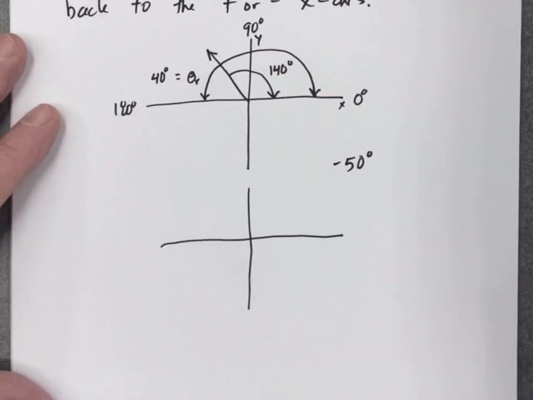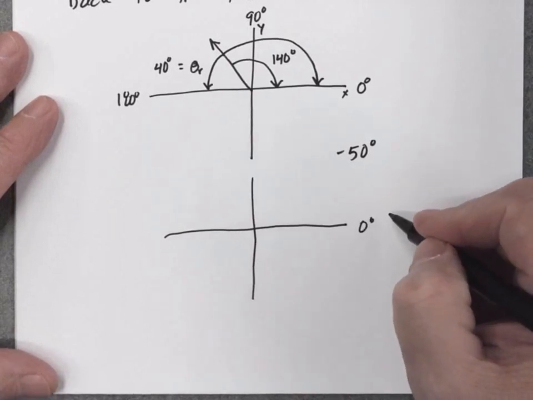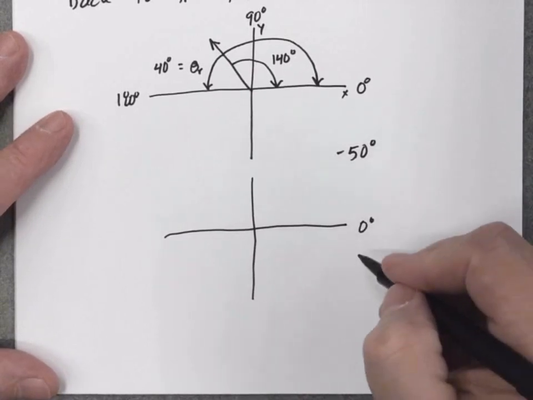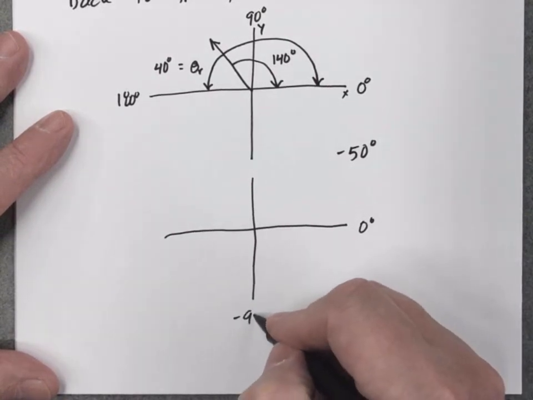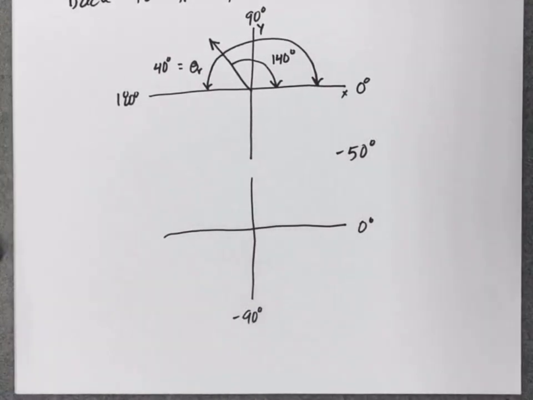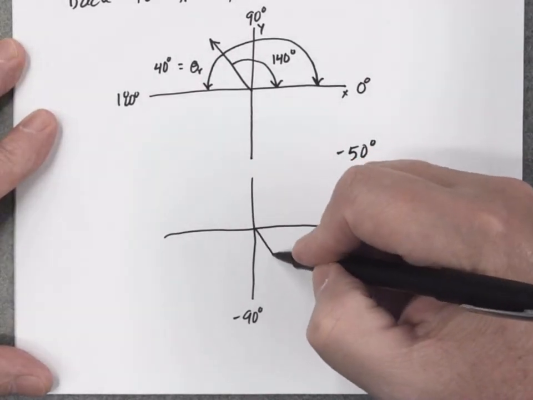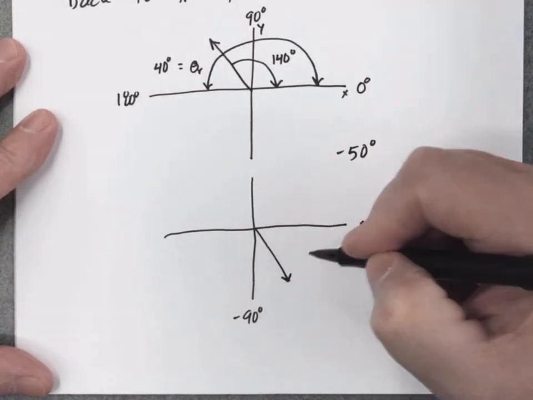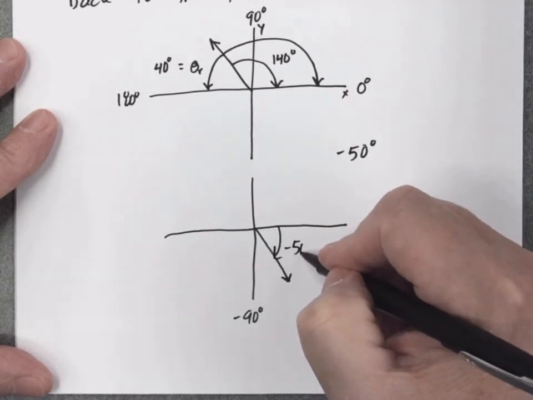A minus 50-degree angle. So remember, negative angles now we go clockwise, so you can think of down here is minus 90 degrees. So minus 50-degree angle might be something like this.